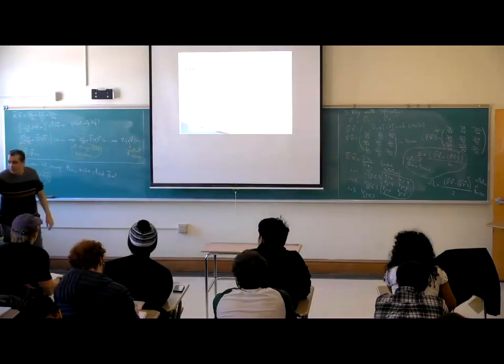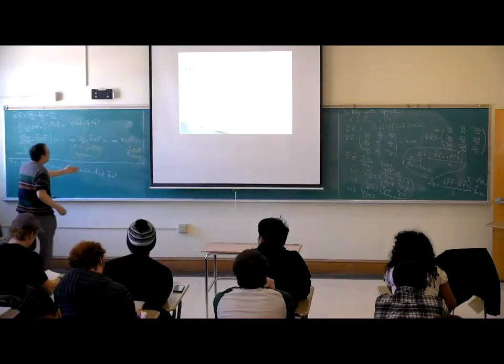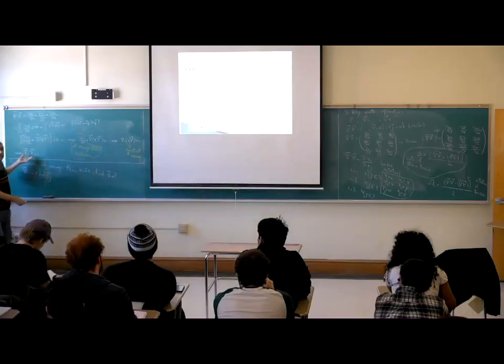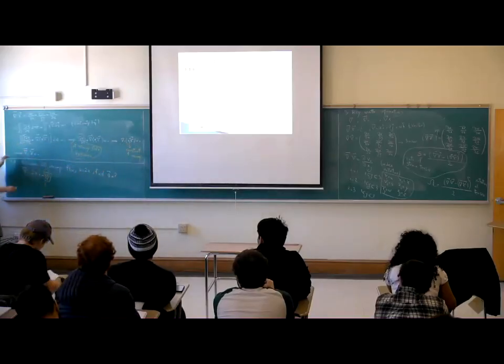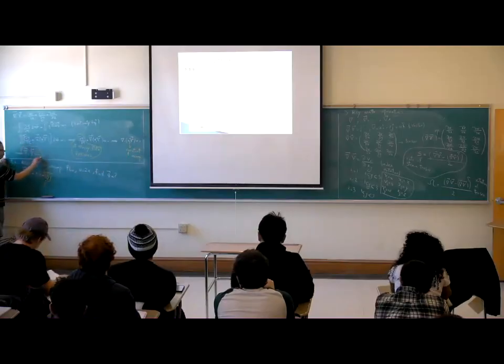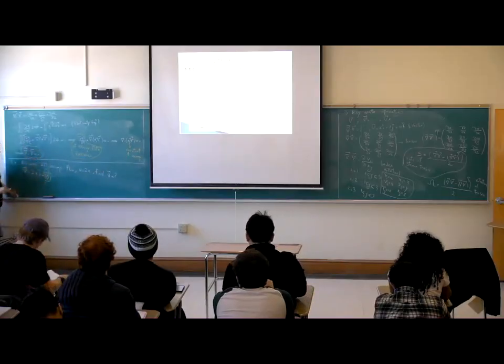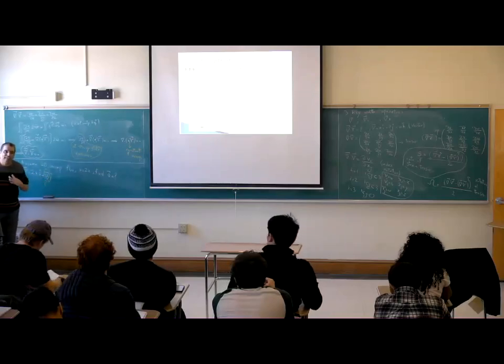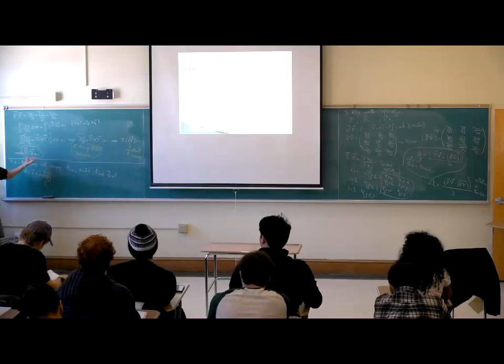Pay attention. If rho is constant, divergence of V is 0. Okay? So I don't know V, but I know that divergence of V is 0.